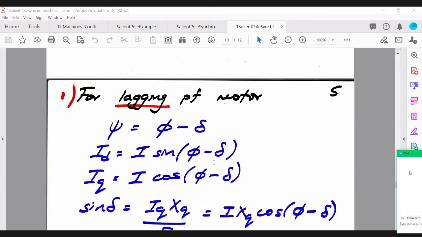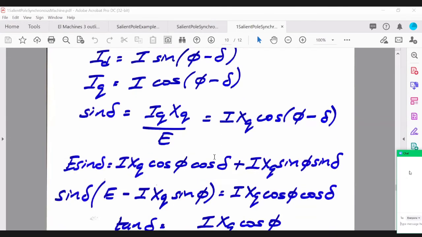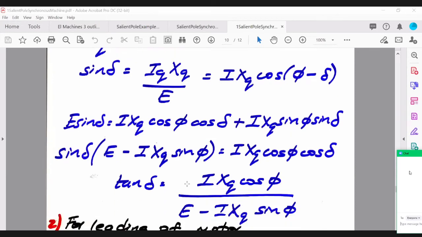And obviously, when you have phi minus delta, it will change the equation for your tan delta, as we will see here. So now we will expand cos phi minus delta here into two components, and that gives us tan delta being equal to I times xq cos of phi over E minus I xq sine of phi, right?